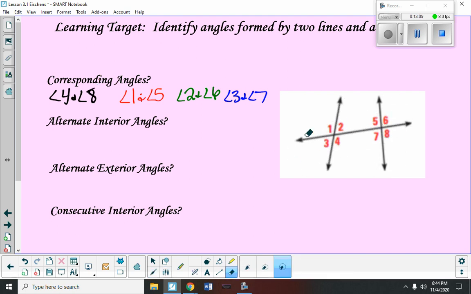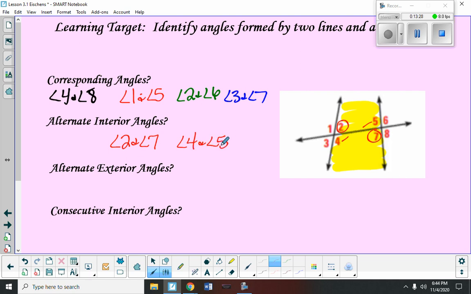All right, next we have alternate interior. Again, interior is between the two lines. It's this region. So the alternate interior would be angle 2 and angle 7. Alternate corners. And then angle 4 and angle 5. Alternate interior. Alternate exterior, so in the white part here would be 3, and on the other side, on the alternate corner, would be 6.